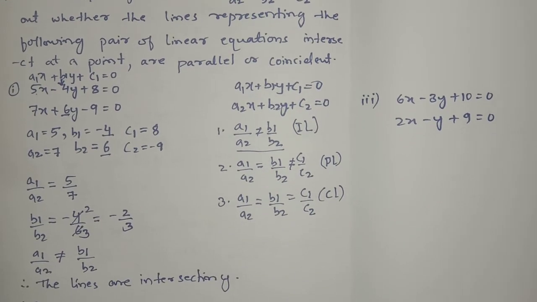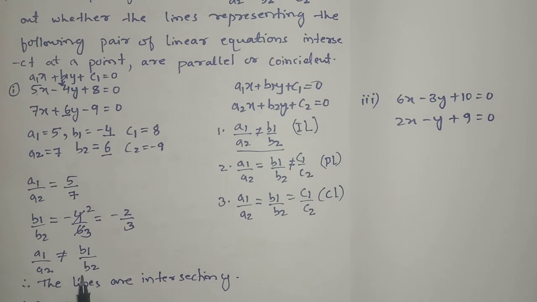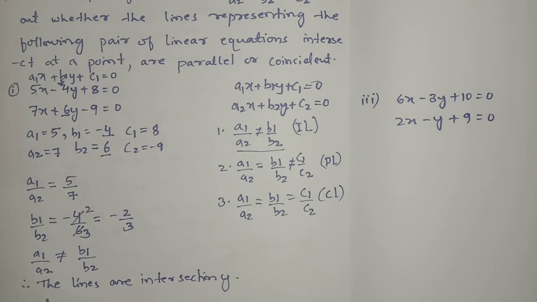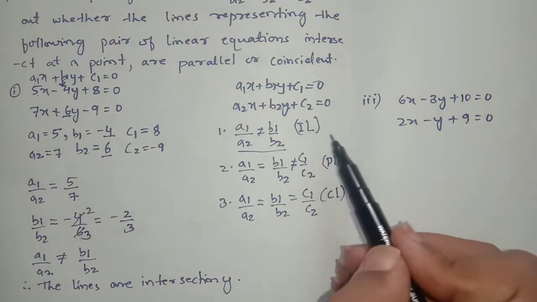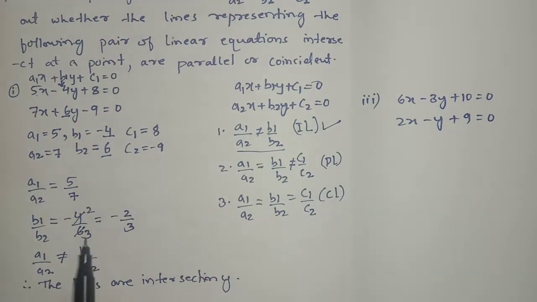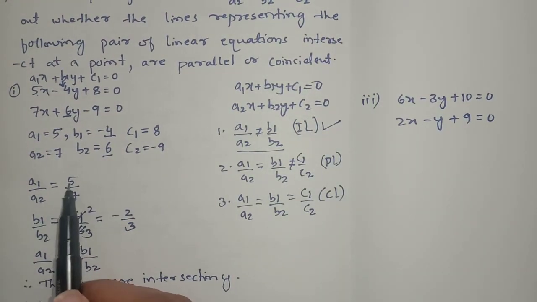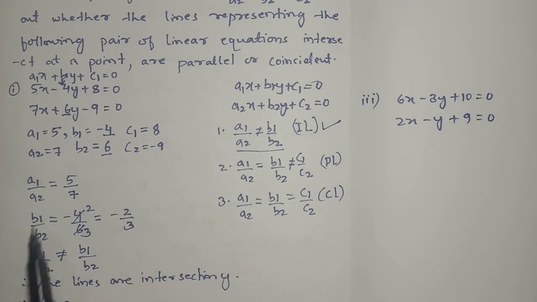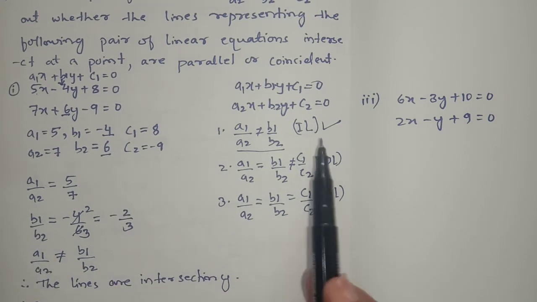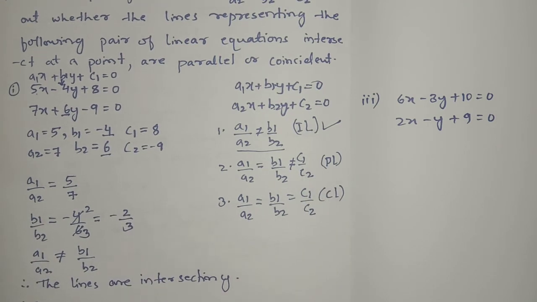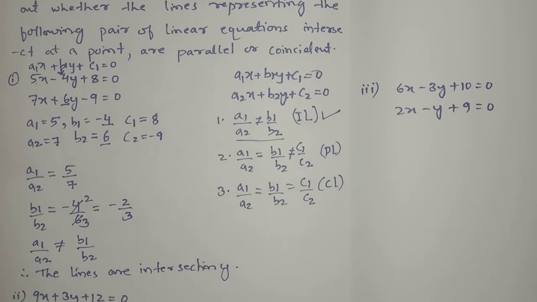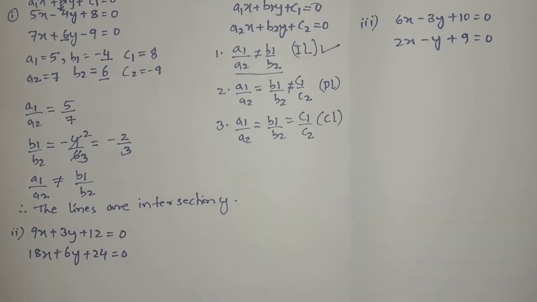You can see it is satisfying this condition: a1 by a2 is not equal to b1 by b2. That's why the lines are intersecting lines. Let's move to the second question.